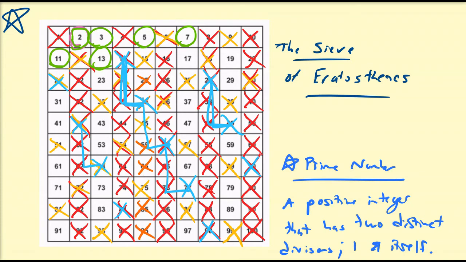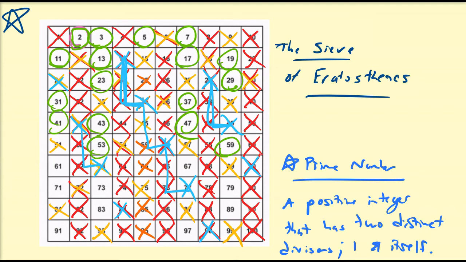We can continue this process as long as we want, and we're going to realize that 17 is a prime number, 19, 23, 29, 31, 37, 41, 43, 47. These are all going to be prime numbers. Now, are we going to be crossing any of these numbers out past this point?